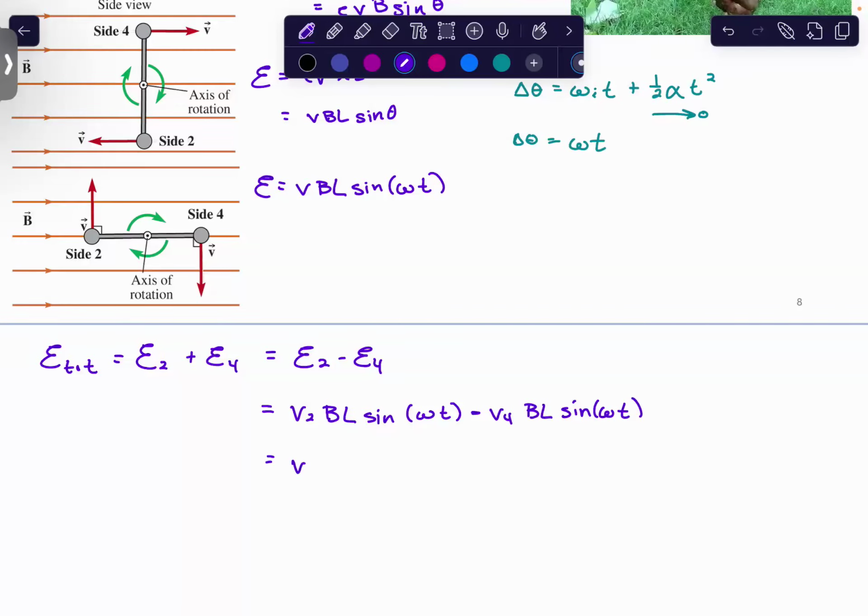V2 is a positive V, and so we end up with 2 V BL sine of omega t.